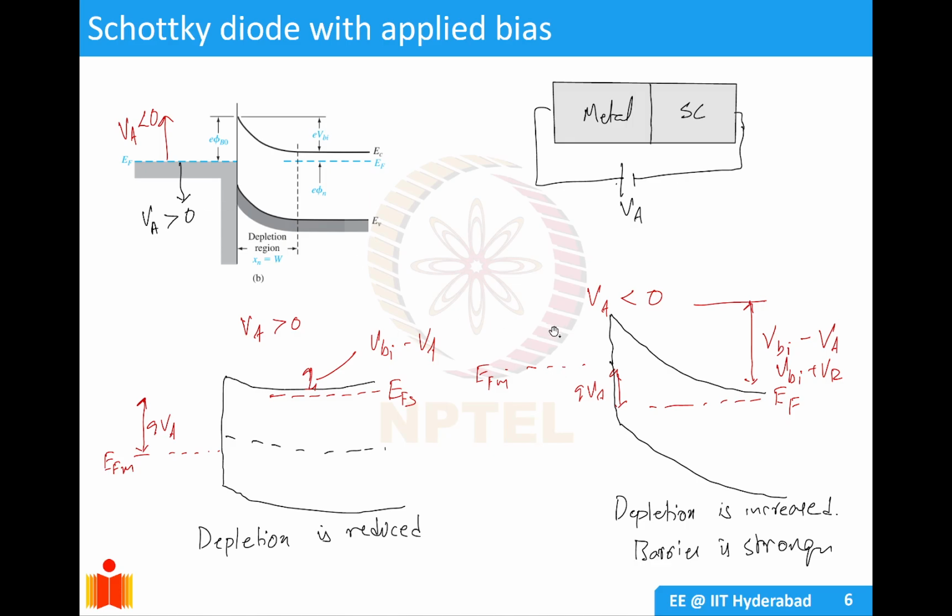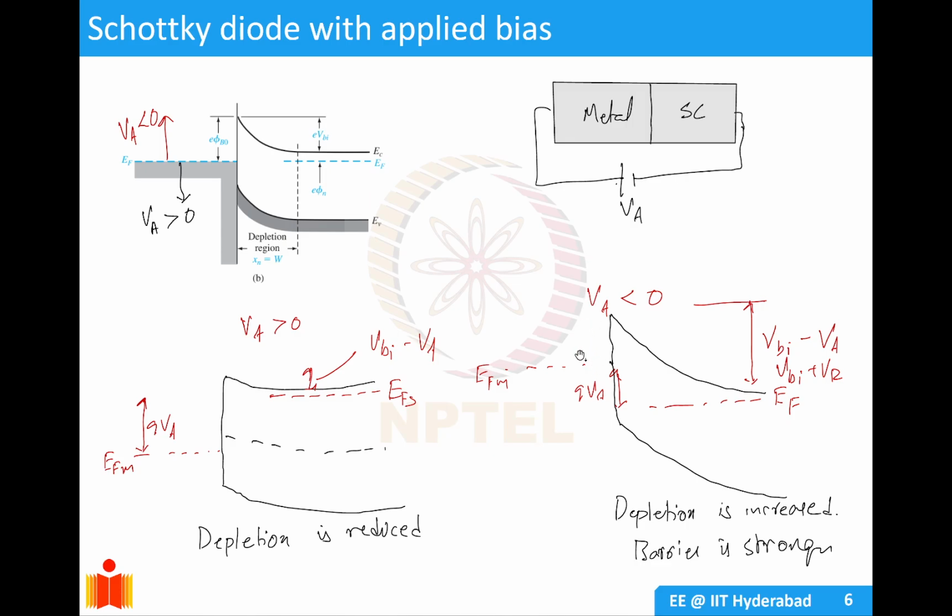But when you apply negative bias on the metal, the Fermi level shifts up because of the negative bias, and it also shifts the barrier up along with it, because the barrier is fixed with the contact for the metal. The barrier values are fixed according to the metal.